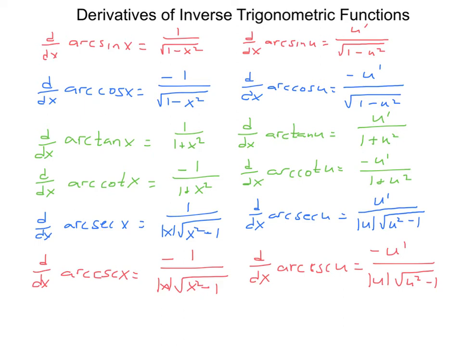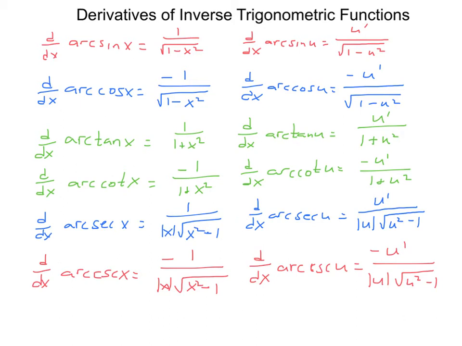But one of the things that you can use to help yourself remember these, and I hope you noticed, is that the derivative of the inverse sine and the derivative of the inverse cosine are very similar. The same is true for the inverse tangent and the inverse cotangent. And that same similarity you should have noticed for the inverse secant and the inverse cosecant.